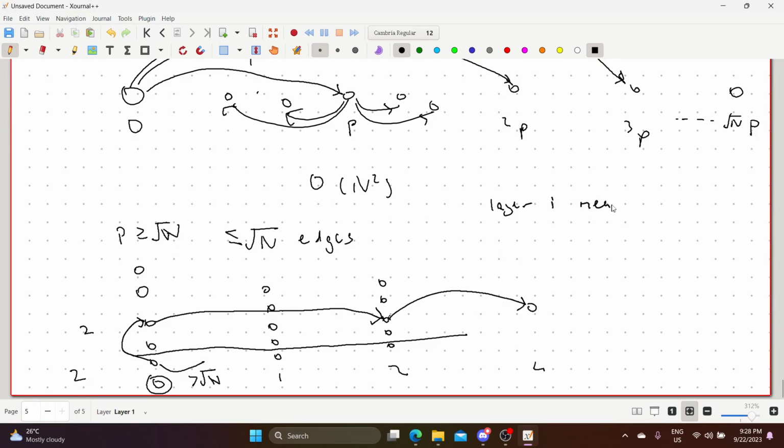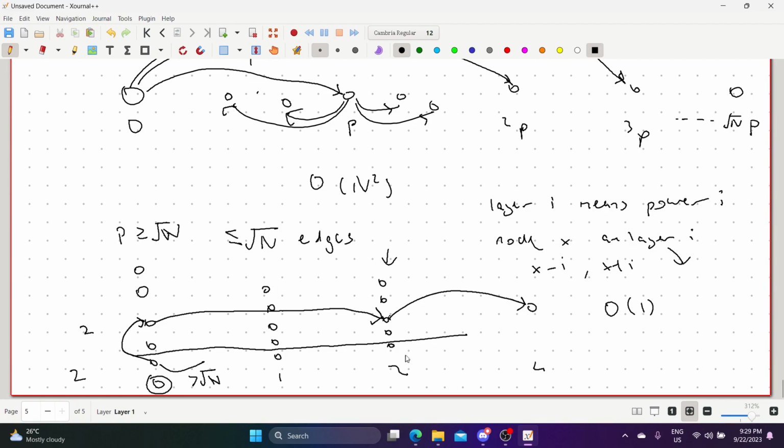So layer I means power I. If you have node x at layer I, you need to connect to x minus I and x plus I, both at the same layer. If you do this, each vertex at this layer only has around one edge.